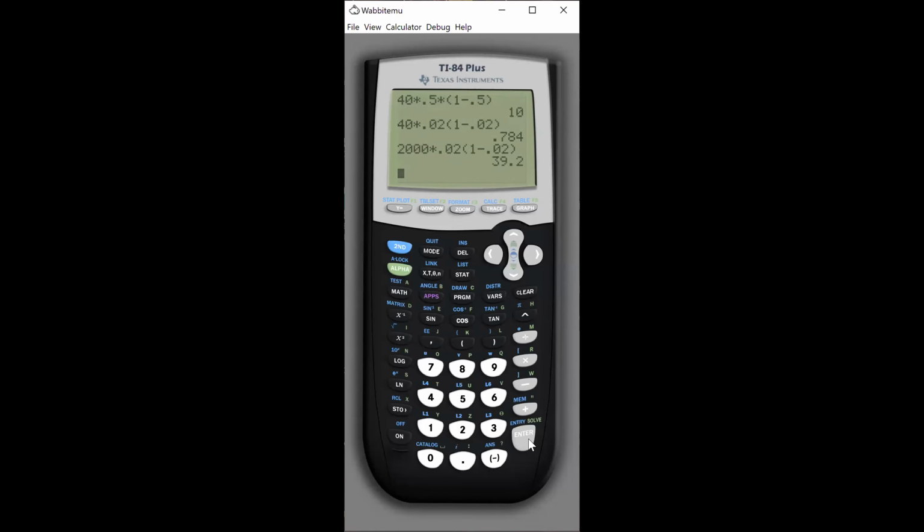If you multiply that out, if you look at it now, we get 39.2. So if you look at this scenario, it's saying we need a bigger sample size to be able to get something greater than 10.